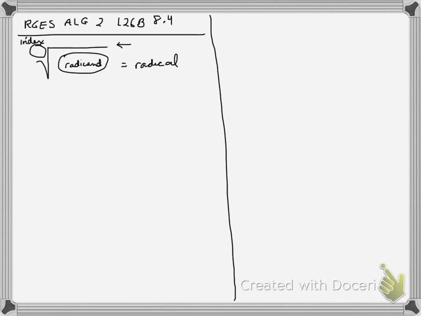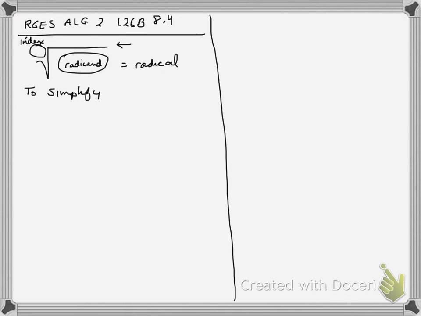So now, to simplify, we're going to have two rules. We're going to remove the radical from the denominator.